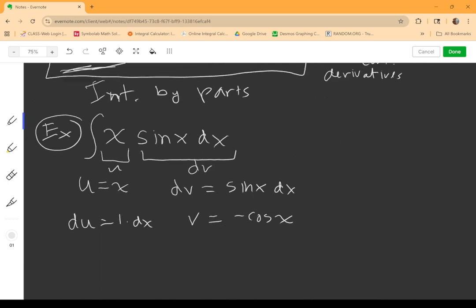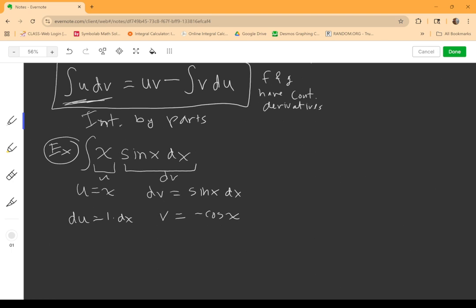All right, so now let's take a look at what comes next. Applying the formula, the integral of x sine of x is uv, so here we get negative x cosine of x minus the integral.